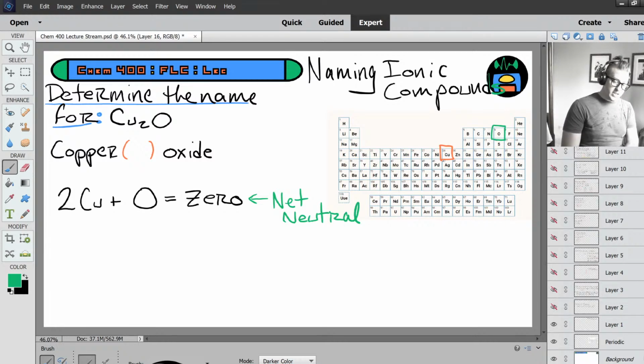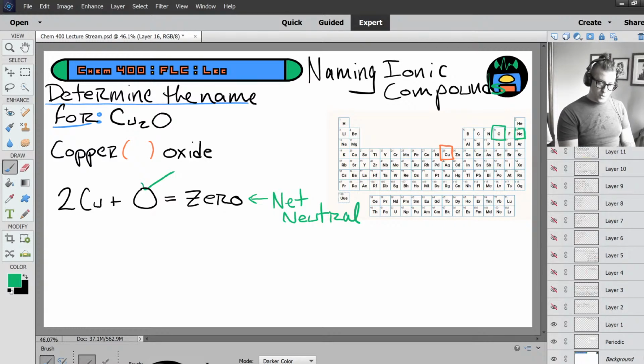That's the definition of net neutral. All of the cationic charges plus all the anionic charges add to 0. Now, we don't know the charge on copper, but we do know the charge on oxygen, right?